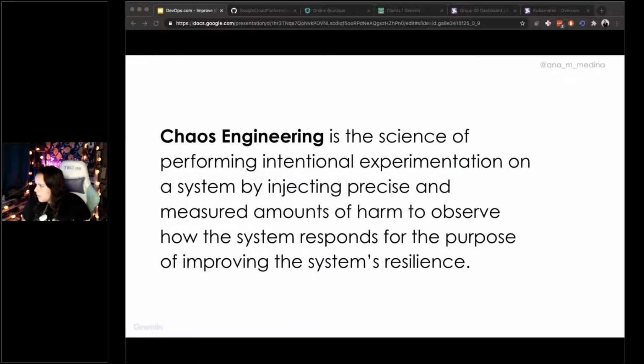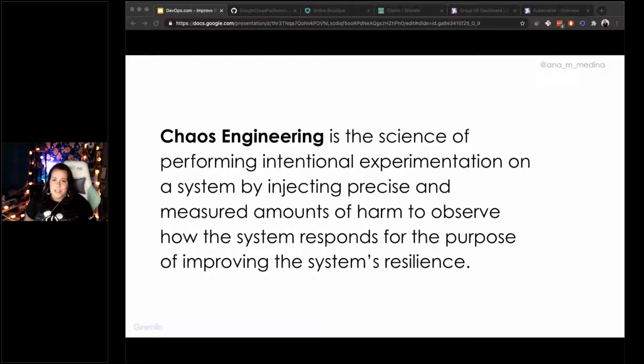So to get started, for the folks that have never heard about this space, we are going to give a definition of chaos engineering. Chaos engineering is the science of performing intentional experimentation on a system by injecting precise and measured amounts of harm in order for us to observe how the system responds, for the purpose of improving the system's resilience.